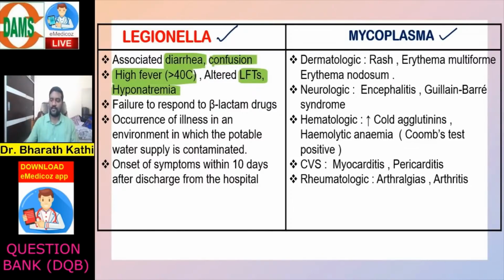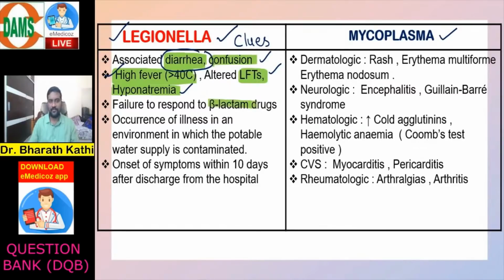So if you find a patient with atypical pneumonia, you should look for these clues to diagnose it as Legionella. What are the clues? Is it associated with diarrhea, confusion, high grade fever, altered LFTs, hyponatremia? And this is an atypical pneumonia, and the response to beta-lactams will not be good.